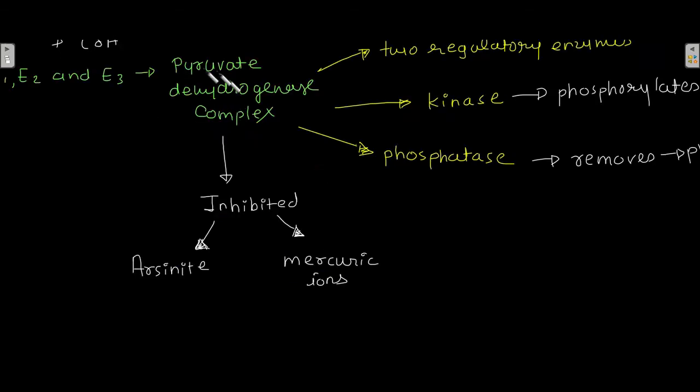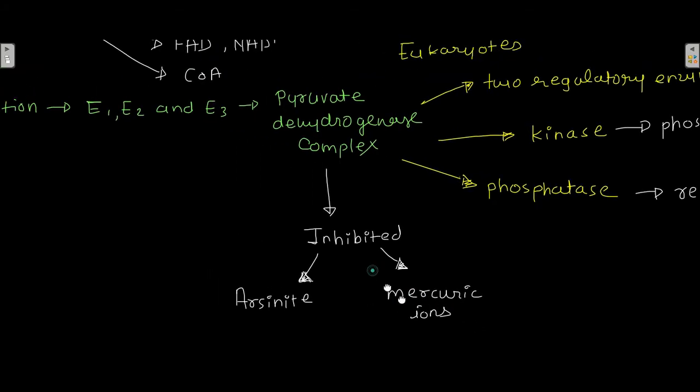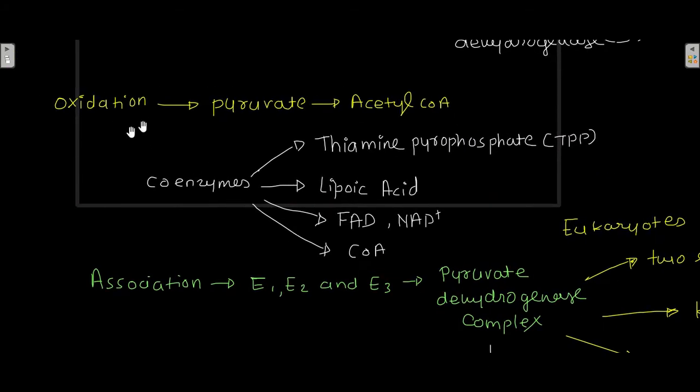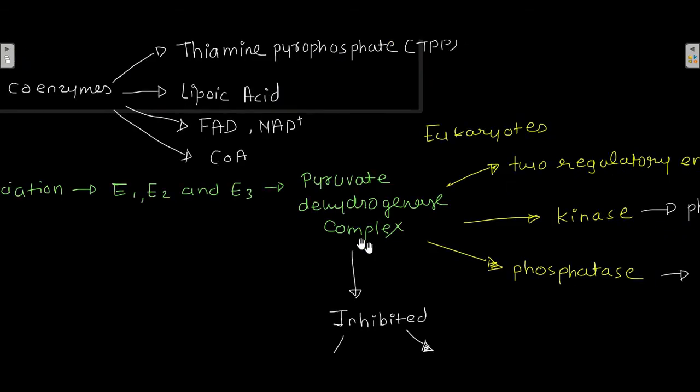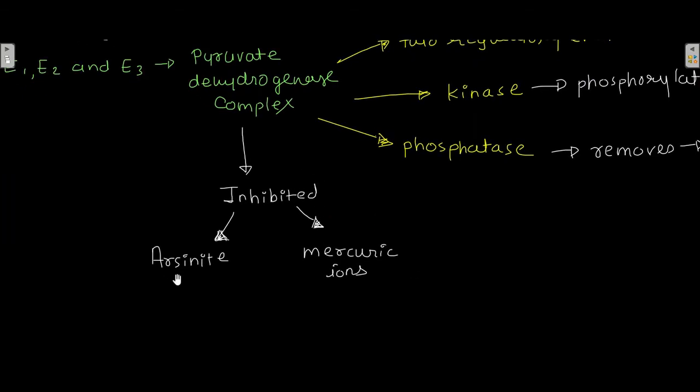Now this pyruvate dehydrogenase complex is inhibited by arsenite and mercuric ions. That means that in the presence of arsenite and mercuric ions, there will be no oxidation of pyruvate into acetyl coenzyme A. Pyruvate will not be converted into acetyl coenzyme A if the system contains arsenite and mercuric ions.